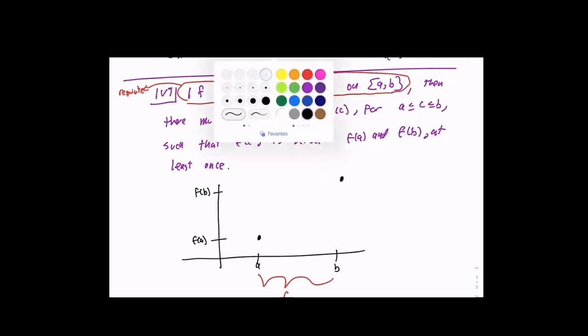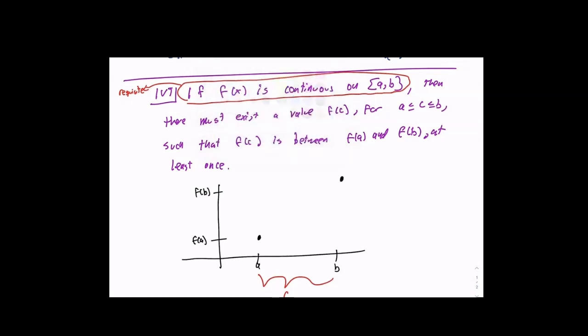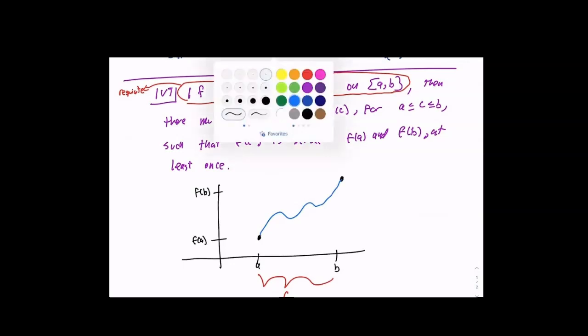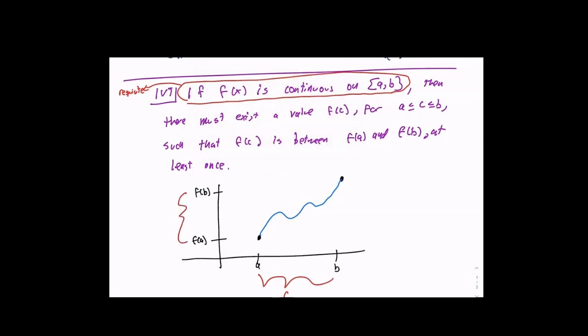Basically, no matter how you draw this graph, and they have to connect since the function is continuous, every value f of c, all of these values have to happen at least once. Every value within that interval must happen at least once.